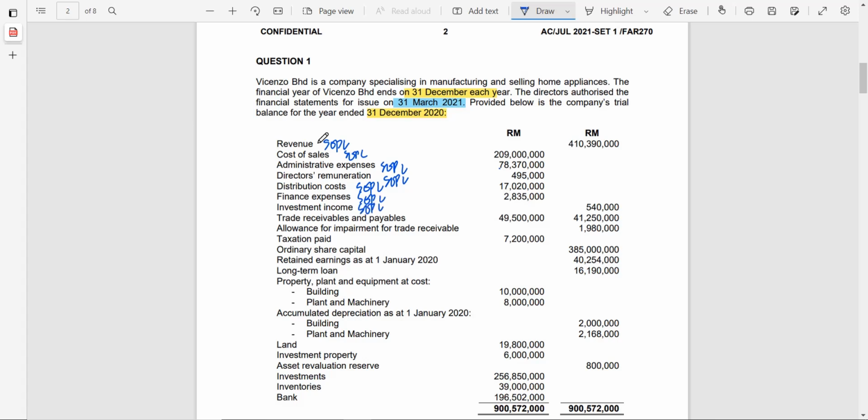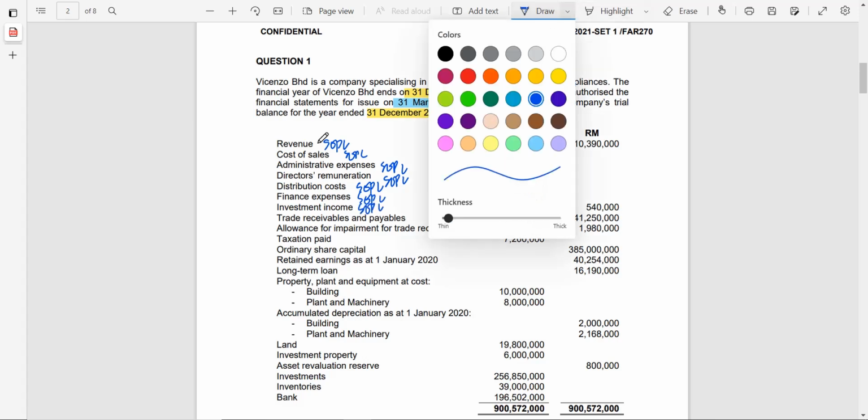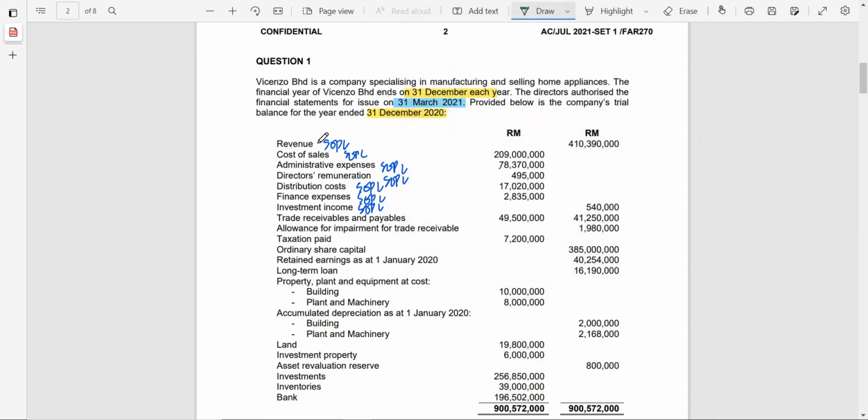Then you will also have to classify those items that will be in the statement of financial position. Allowance is actually for the impairment of trade receivables. So this is a negative asset account. It will later be reduced against the trade receivables.